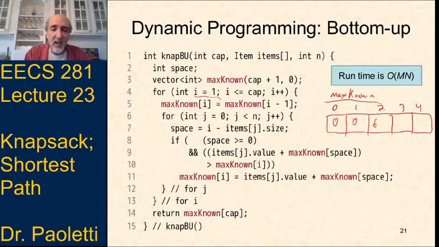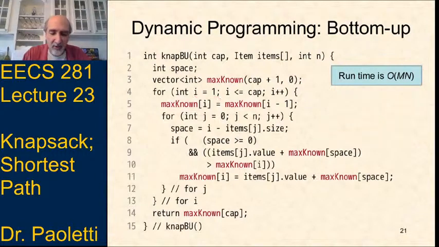Well, I'd say, let's pick items, but I have to go down to a knapsack of size 1. I might get problems if I don't at least get a 6 in here. So I want to get a 6 in here before I try picking items so that I don't leave off any possibilities. So that's what line 5 is for: initializing the best value for this capacity to be at least as big as the knapsack smaller than me.